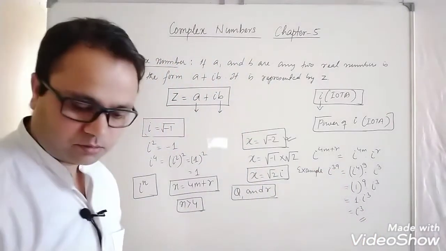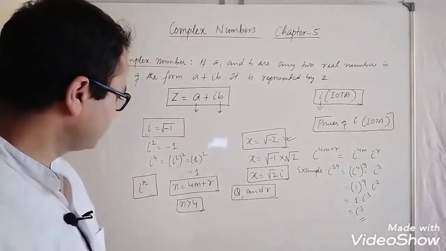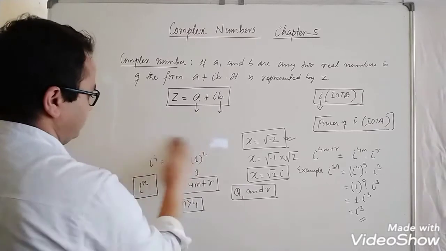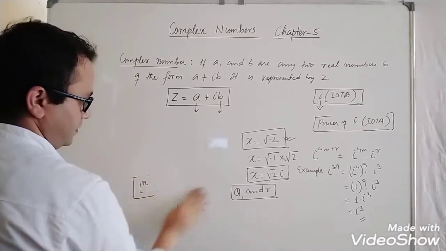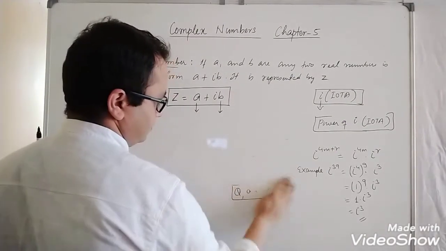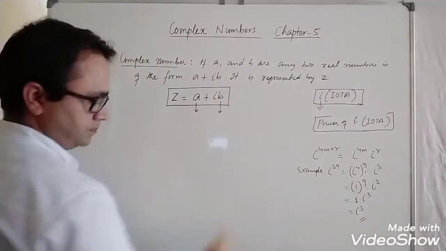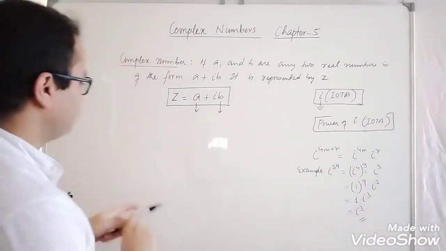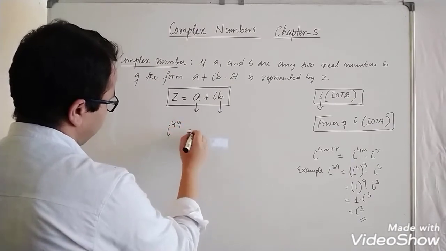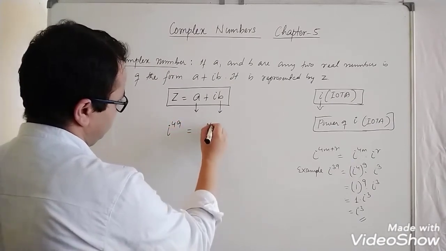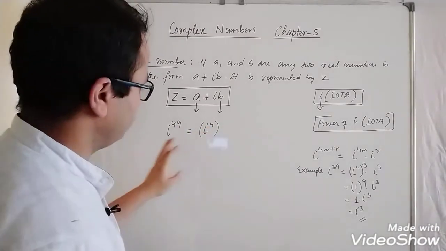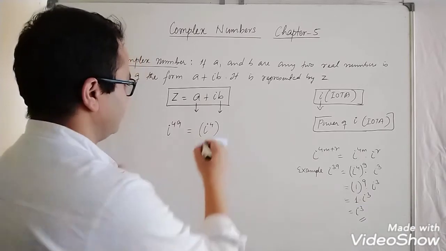We can take any number. Suppose we have i to the power 49. This can be written as i to the power 4 into how much? 4 9 is 36, 4 10 40, 4 11 44, 4 12 48.